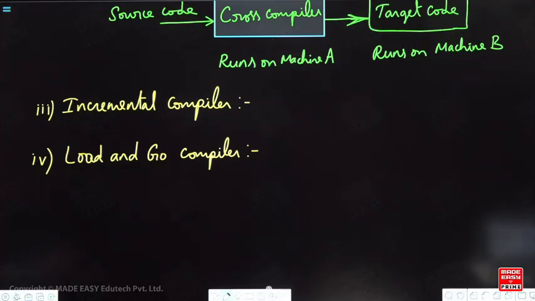If any errors are there in this execution, all those errors will be given. If no errors are there, then compilation is done, then assembling, then linking, then loading, then execution, all done by this load and go compiler.